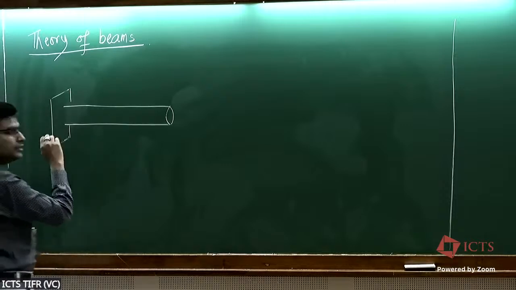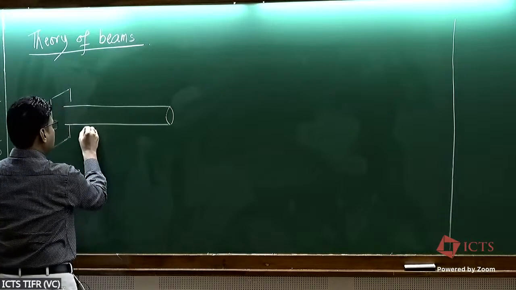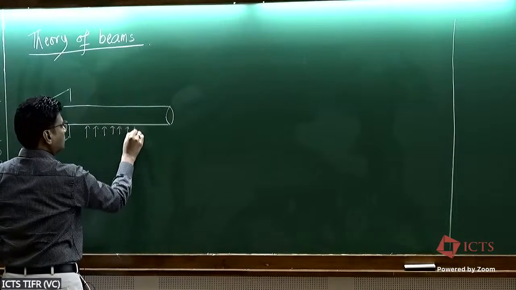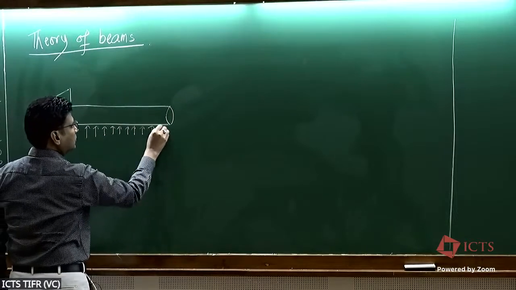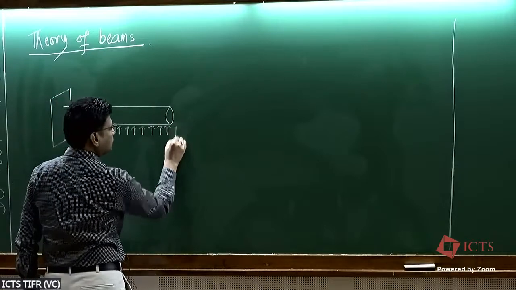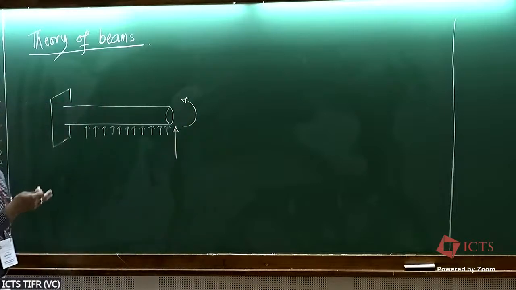Something like a cantilever, and it may be subjected to distributed load, and then terminal force, as well as terminal couple. And that's the way we have seen this when we talk about beam theories. But of course, it's also a 3-dimensional body.